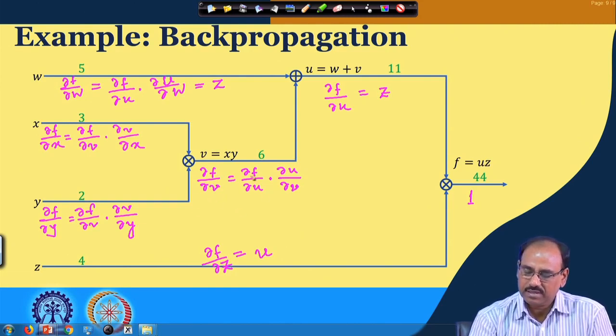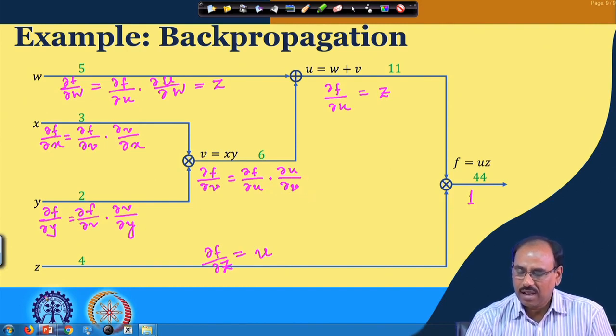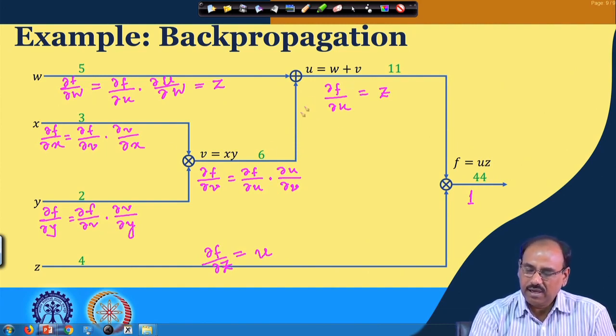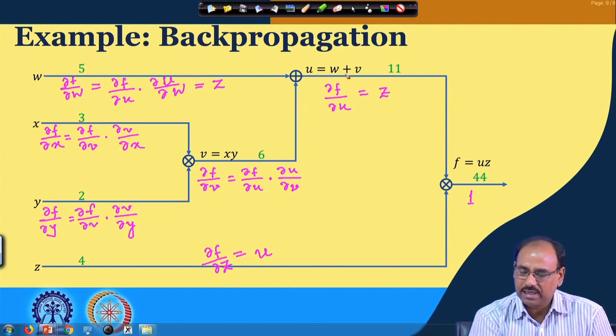Del f del v is del f del u into del u del v. And what is del f del u? Again, del f del u is equal to z. And what is del u del v? Del u del v is again equal to 1. So, this value will simply be equal to z again.